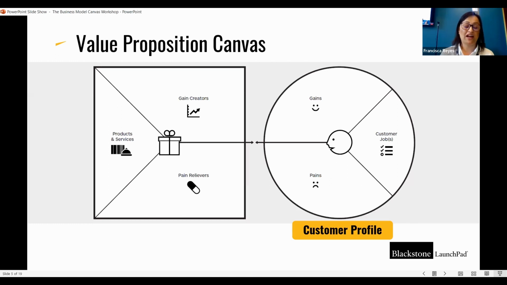And if that increases his or her expectations or increases his or her delight. And that's another word that we use when we talk about the business model canvas. The word delight is like, oh, you create so much satisfaction and well-being in me that you make me all warm and fuzzy.